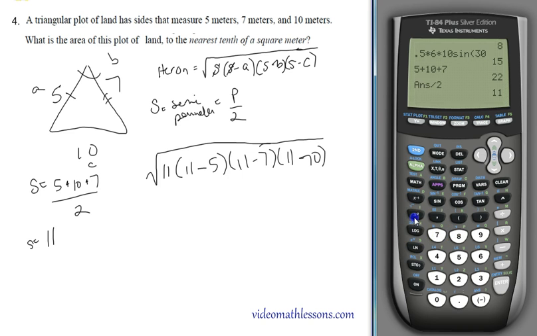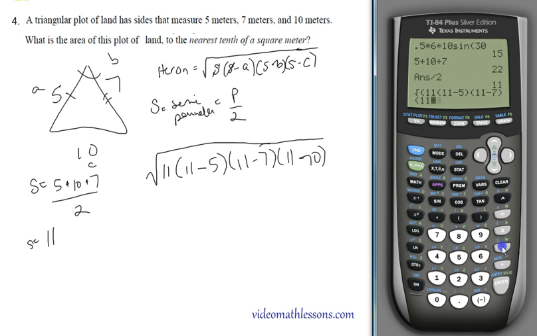So second radical, S, which is 11, parentheses 11 minus 5, parentheses 11 minus 7, parentheses 11 minus 10.